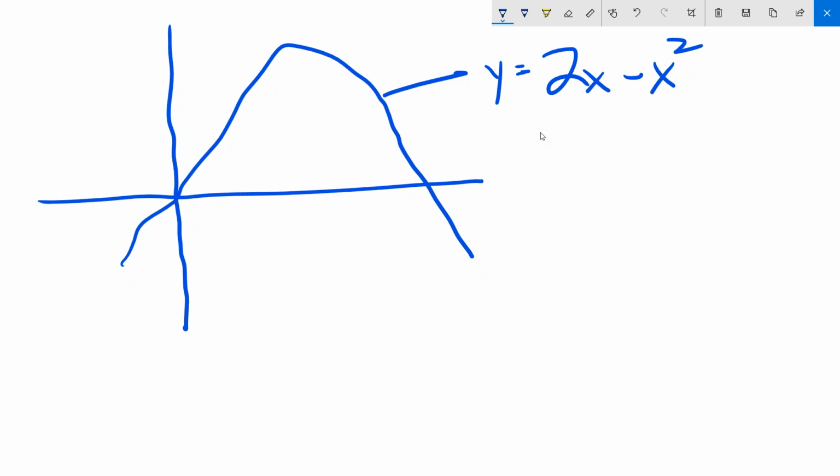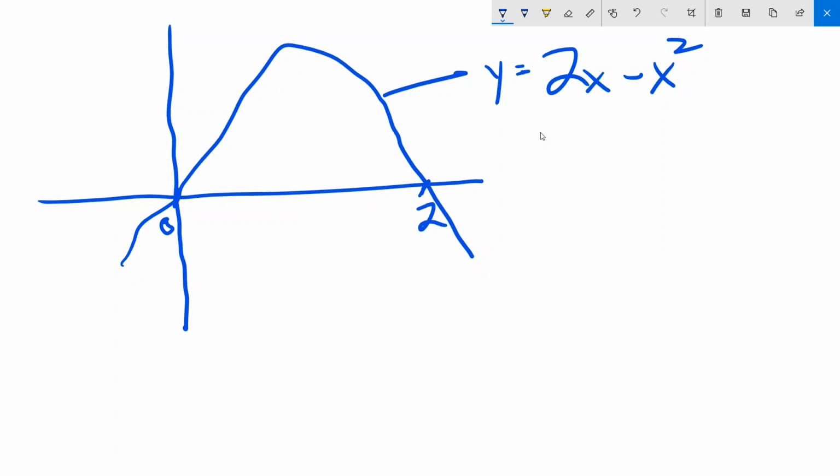Because it's a phase shift, not a vertical shift. It's a parabola because it's a quadratic, but it's a parabola that opens down. And I do know the two zeros of that parabola: 0 and 2.